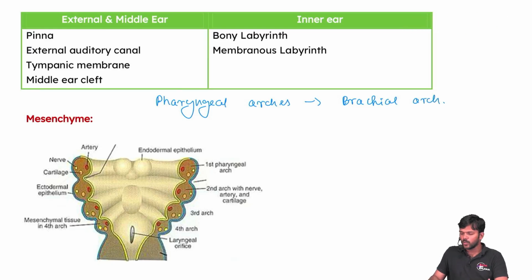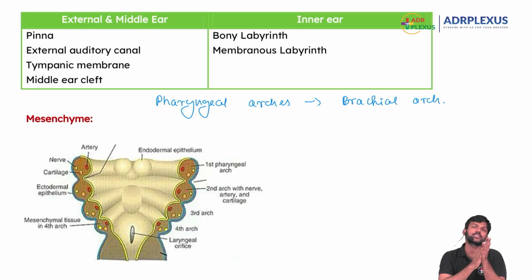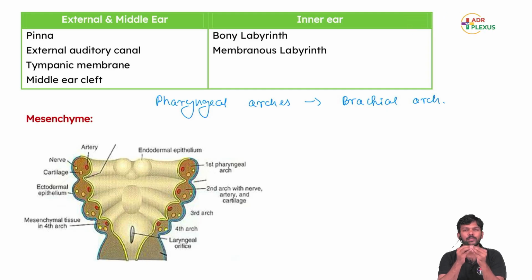Okay, so why is the name branchial arch? Did anyone think like that? Bronchi are something associated with breathing. So do the pharyngeal arches in human beings form any structures related to breathing?